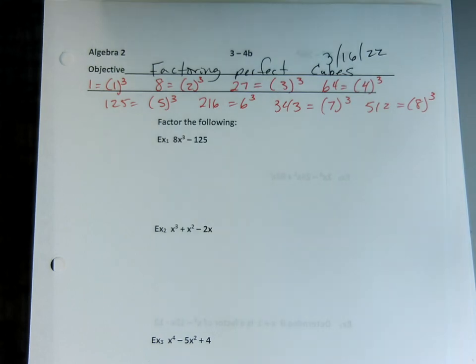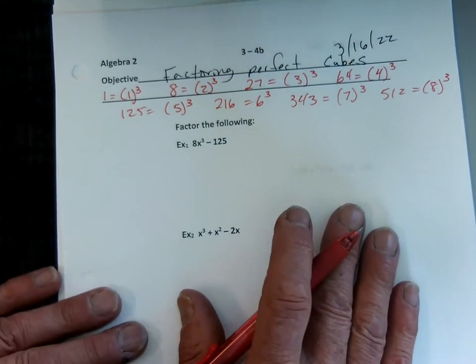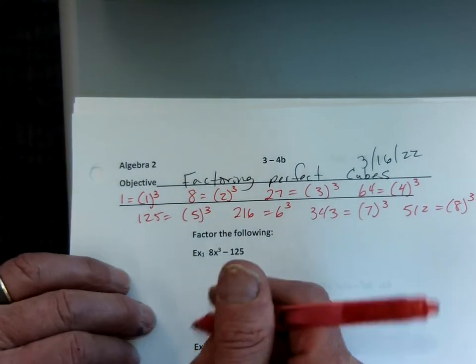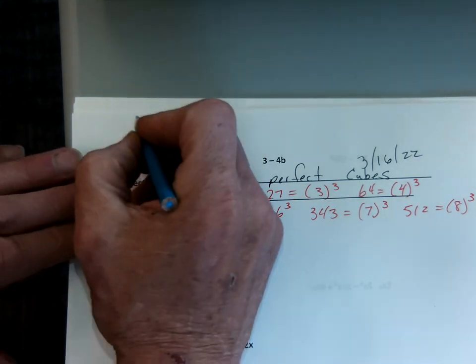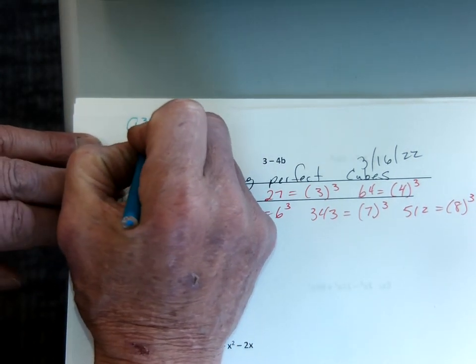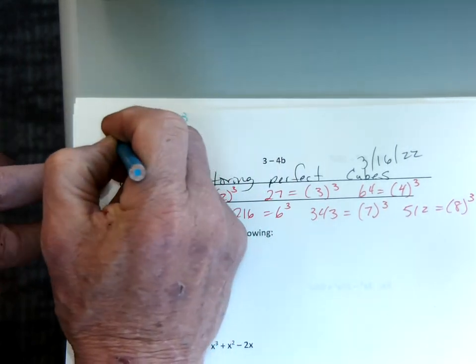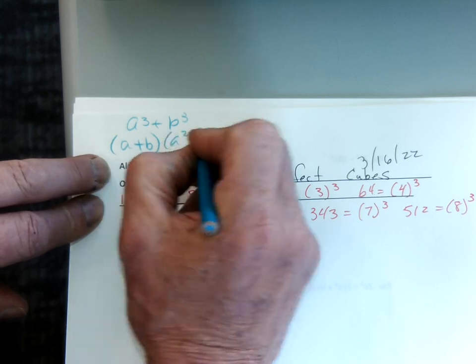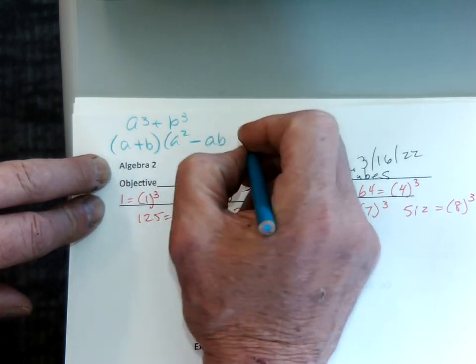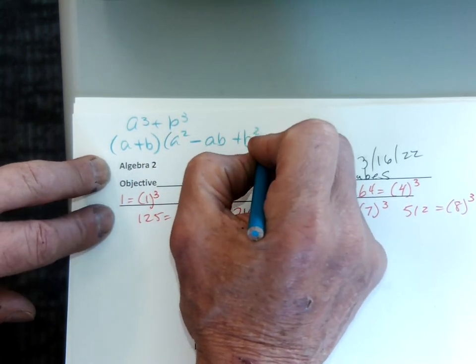So, let's write down our two formulas on the top. I'm going to rewrite the ones that are on the board so we have them. The first is a cubed plus b cubed is (a plus b)(a squared minus ab plus b squared).